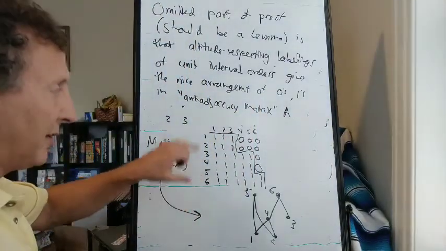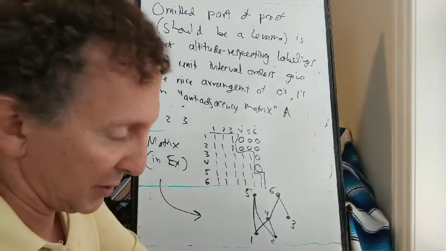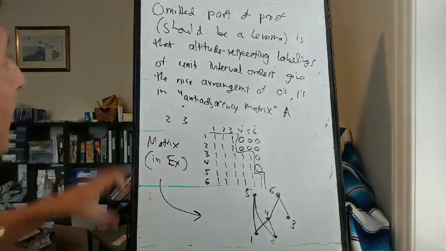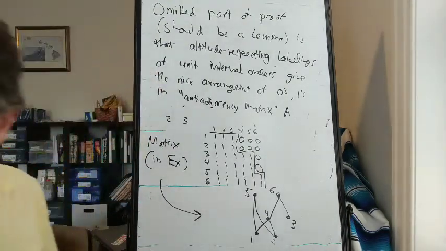Anti-adjacency because the ones and the zeros are placed maybe in the opposite place than what you would expect. And this part of the proof, we can make part of a group homework. The end.